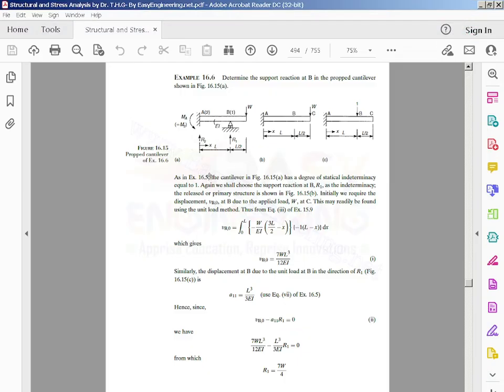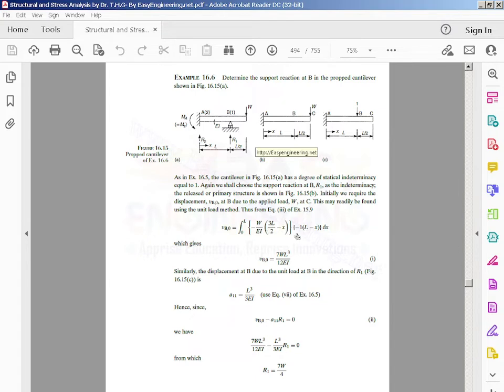So what he does then is, VB0 equals the integration between 0 and L of minus W over EI, which is the point load over EI, times 3L over 2, which is the length, minus x.